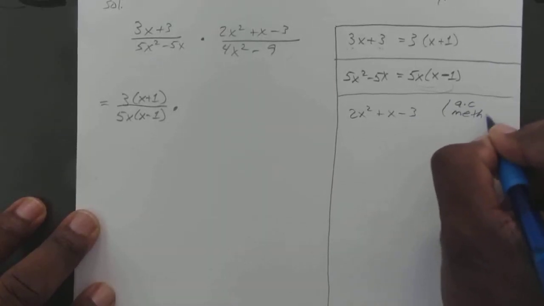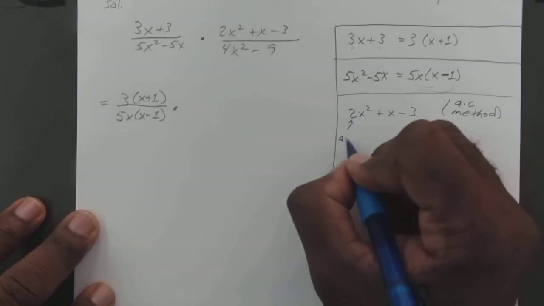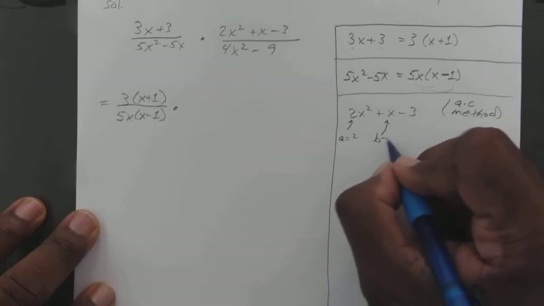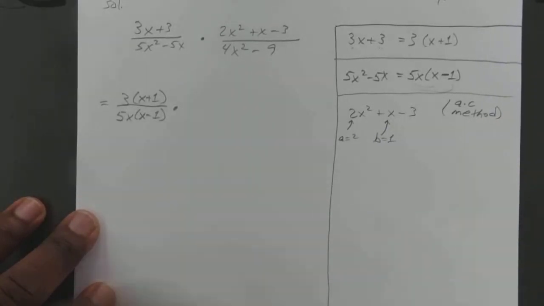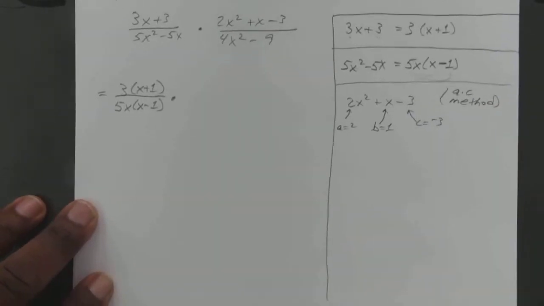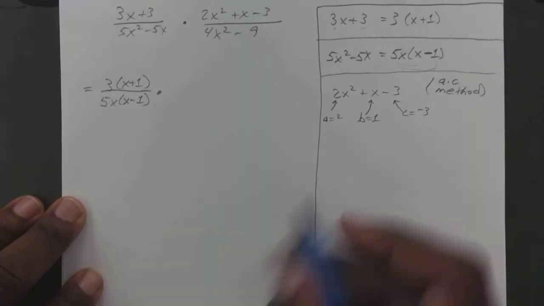And again, we're going to use the A times C method. So you know your A is equal to 2. Your B is equal to 1. And your C is equal to negative 3.